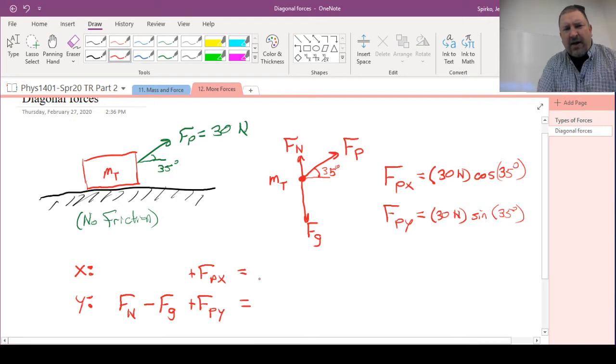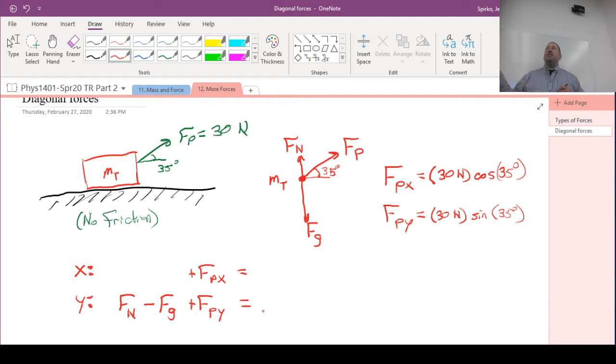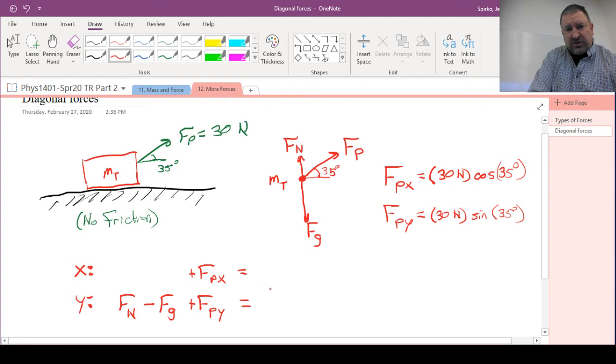And then on the other side of the equation, what's going to happen to this object? It's going to move horizontally. It can't go downward because there's a floor there. So let's assume that it stays on the floor.